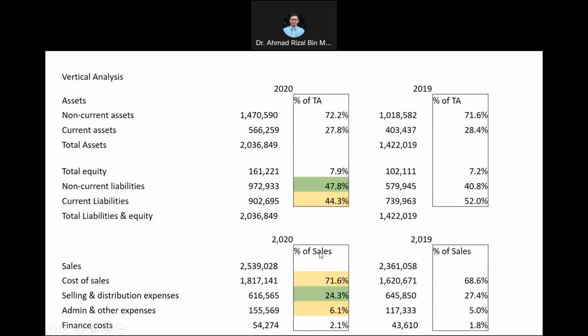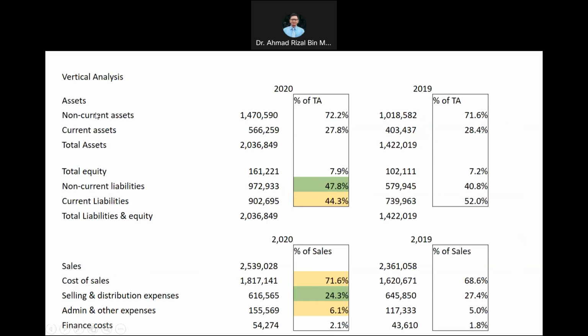So in this case, I'm selecting several items under balance sheet and also income statement. In the textbook, you will see that some textbook, when they do vertical analysis, they calculate the itemized percentage for all the items in the balance sheet and all the items in the income statement, which is acceptable. But practically we would select the relevant or significant items under each balance sheet and also income statement as shown here.